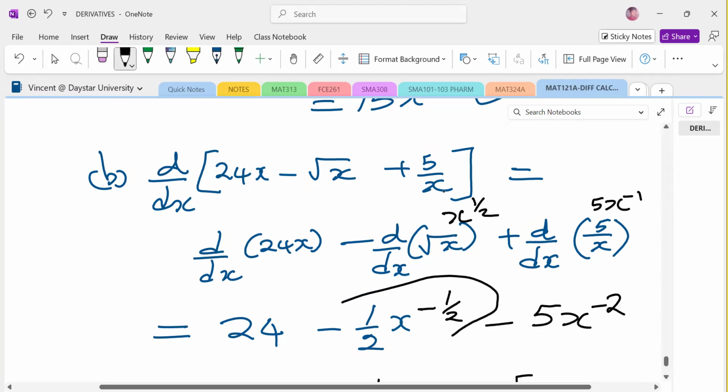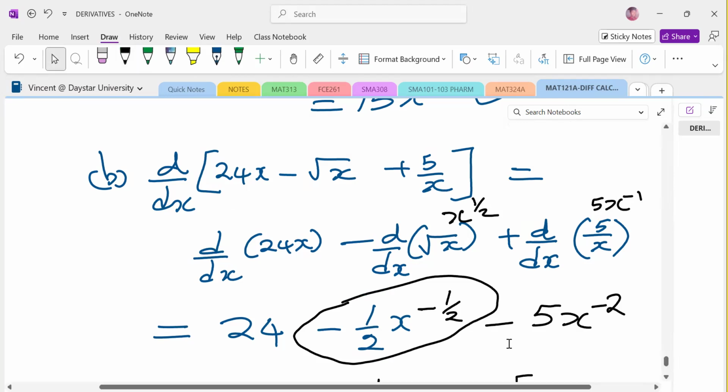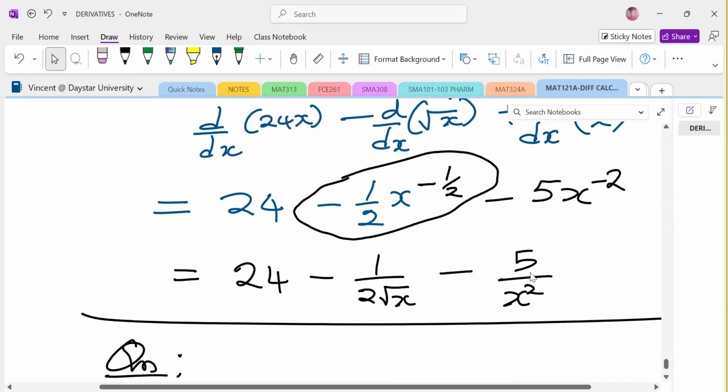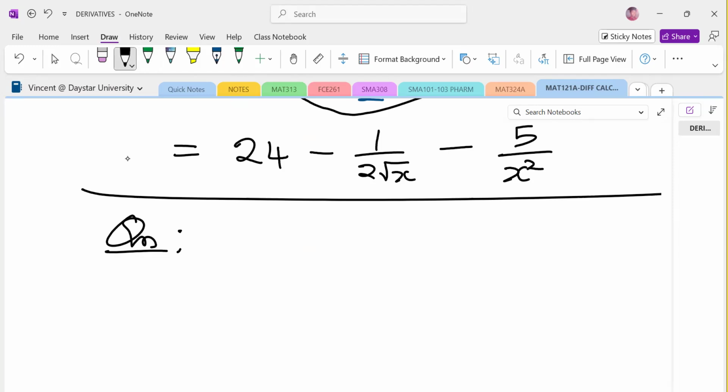Now for the other one, 5 over x can be written as 5x power minus 1, so that we apply the power rule directly. When you drop the minus 1, minus 1 times 5 is what gives us minus 5. Okay? Fine, good.